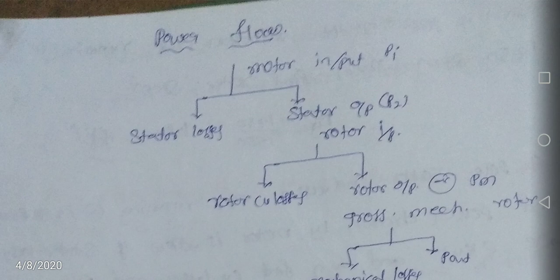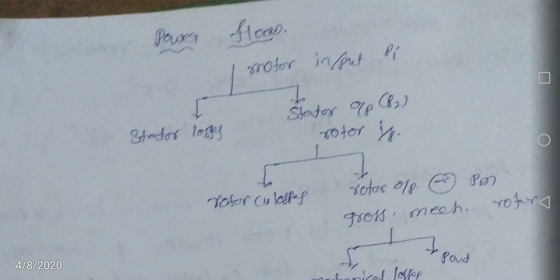Then EMF is induced in the stator core, so that EMF circulates and a circulating current is produced. That circulating current is called the eddy current in the stator core. In that way eddy currents are produced in induction machines.